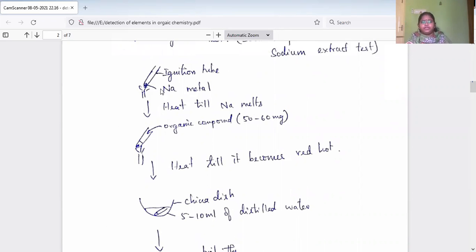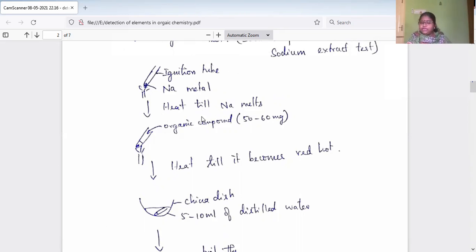In the ignition tube, we have to take a very small piece of sodium metal, Na, and heat this ignition tube until the sodium melts.